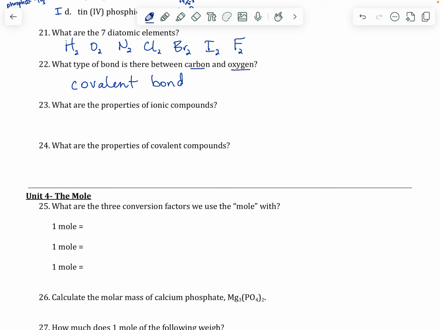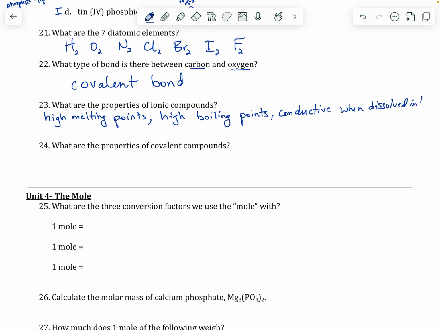Well, there are high melting points, high boiling points, and conductive when dissolved in water. So those are ionic compound properties, just a couple. Those are the main ones there.